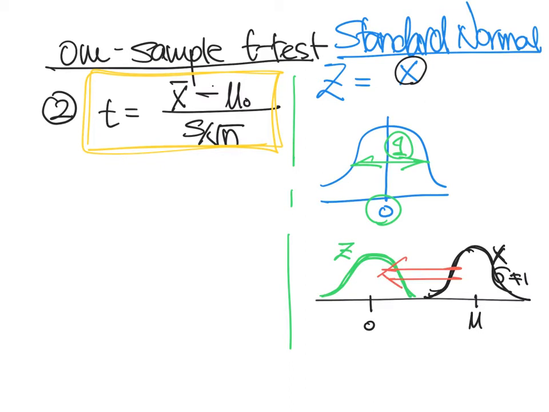Before, the center was the mu. But if I want to make the standard normal distribution, then we have to make the mean equal to 0. How? I simply take off the mean, then the mean will be 0, right?